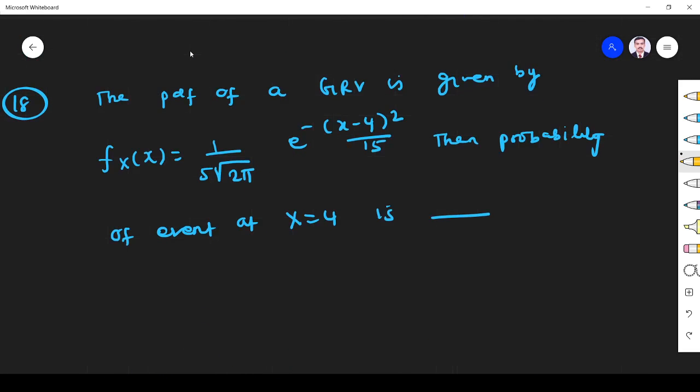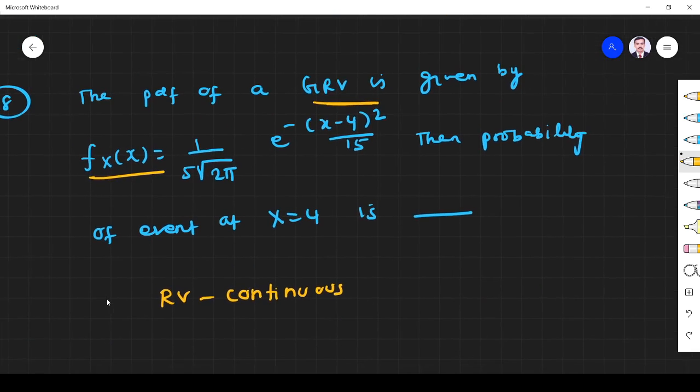Next one, the PDF of a Gaussian random variable is given by f of x is equal to 1 by 5 root 2 pi e power minus (x minus 4) whole square divided by 15. What is the probability at x is equal to 4? So the Gaussian random variable they have given is continuous, right? So for a continuous random variable, what is point probability?